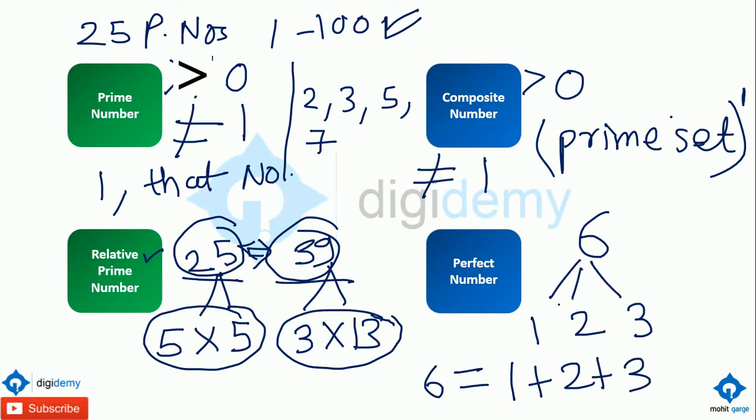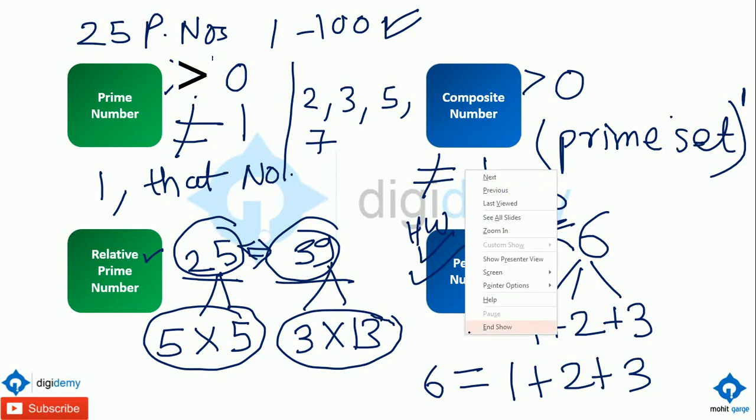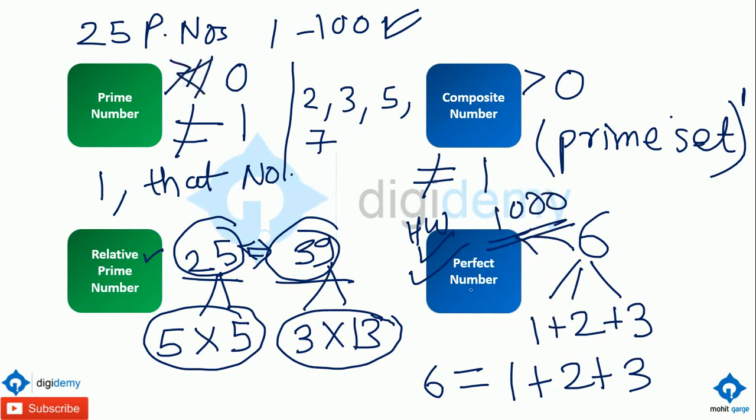So the number is equal to the sum of its factors. They are known as perfect numbers. So there are very few perfect numbers. Your task is to find out which are the perfect numbers till 1000. So that is your task. I'll put the answer in the next tutorial. Till then you just need to find out which are the perfect numbers till 1000.